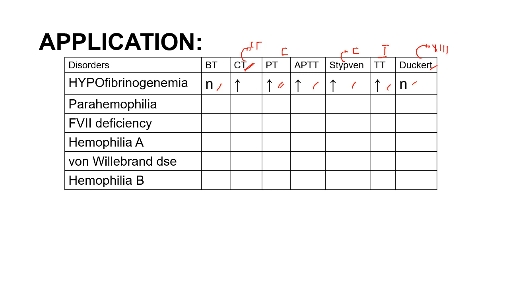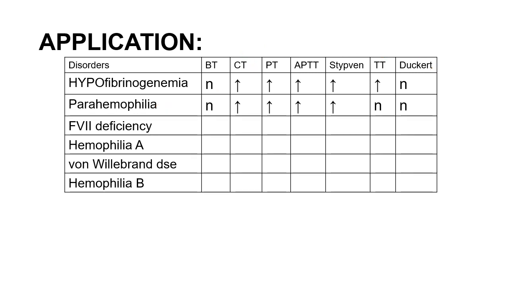Okay, next naman, parahemophilia. Ano ulit ang parahemophilia? This is also known as your Owren's disease or the clotting factor 5 deficiency. So, alin dito ang nagno-normal, alin dito ang abnormal. So, halos same lang. Normal ang BT, bleeding time, yes.